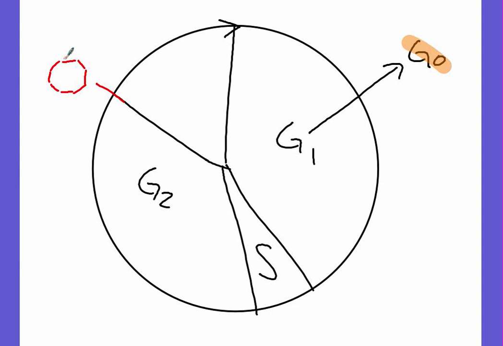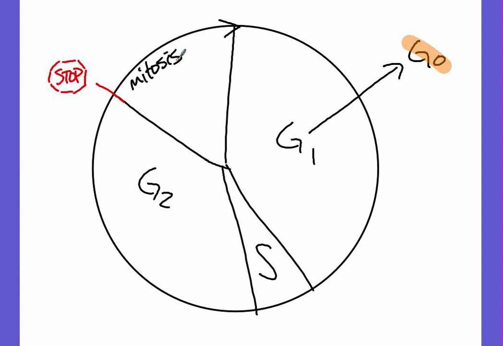I have some checks. So I like to think of that as just a stop sign. Before that cell divides, before it enters mitosis, it needs to make sure that a lot of things are in place and that that cell is ready to divide to create two viable cells, two cells that can survive after the fact. So right after this checkpoint, you would enter mitosis, but not if certain things haven't taken place yet.